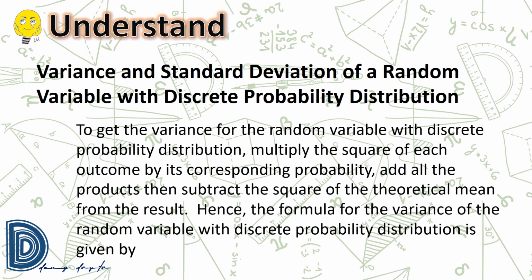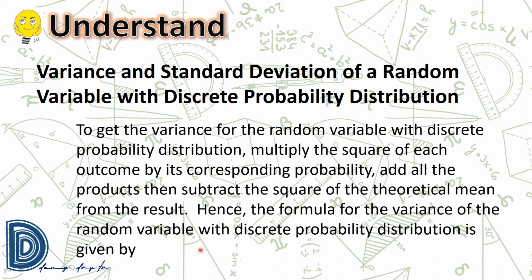To get the variance for the random variable with discrete probability distribution, multiply the square of each outcome by its corresponding probability, add all the products, then subtract the square of the theoretical mean from the result.